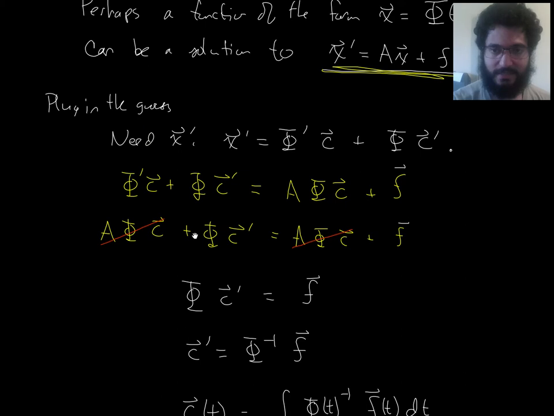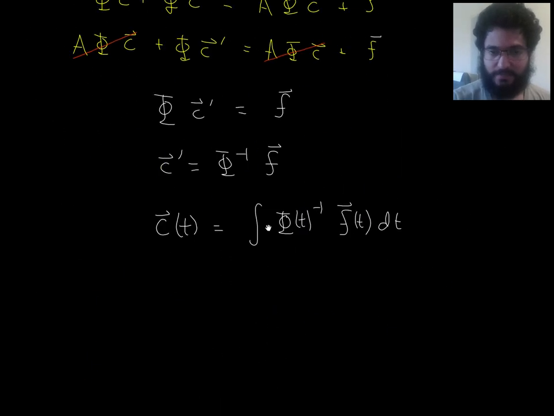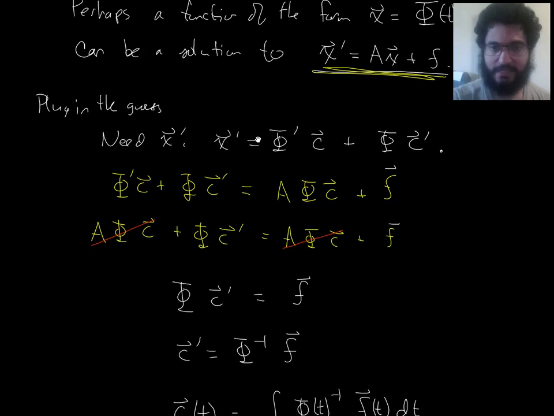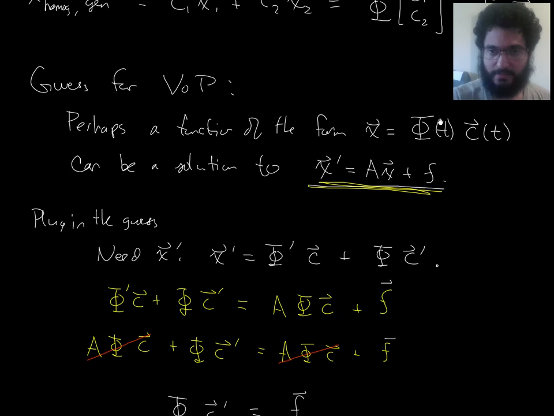There's our C of t. And if C of t is defined in this way, then its derivative will be the correct thing, and that will make x, which came from our guess here, a solution to the non-homogeneous differential equation.